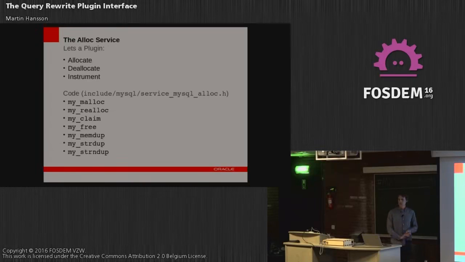We also have the Alloc Service, and it lets you allocate memory. That's all it does, and it's really good at that. So I guess some of you wonder, why would you want to use the server to allocate memory? Why can't you just use malloc and free yourself? There's several good reasons. One reason is that you can use the performance schema implementation, as I told you to keep in mind a few slides back.